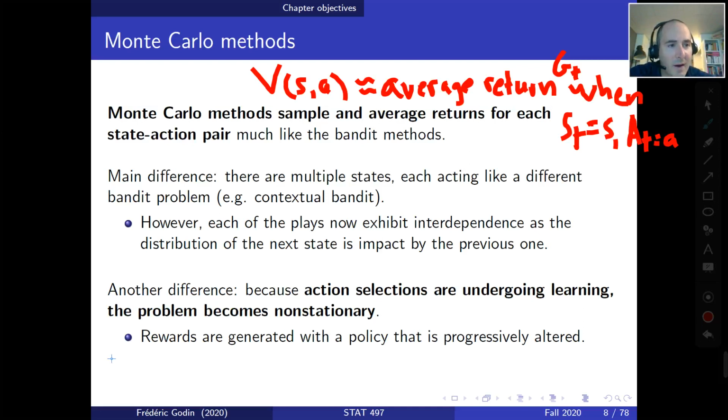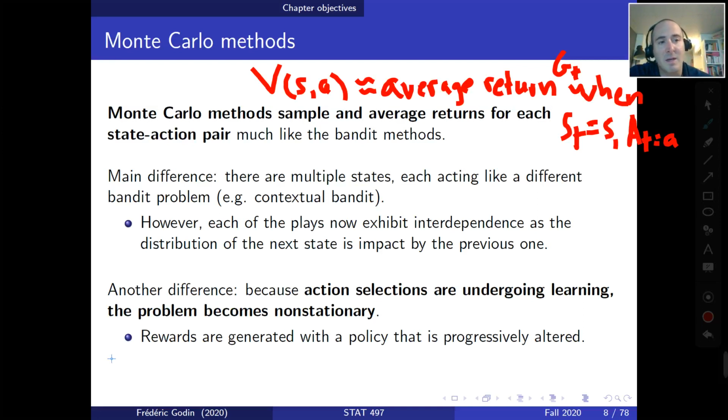As you refine your policy, you continue generating new paths, and because your policy is changing across time, the distribution of your paths, meaning the rewards, actions, and states faced in the various paths, is changing.